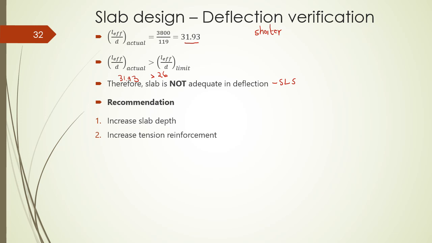We could go back to our question, and maybe instead of T10 at 150 bottom 1, which gave us 523 millimeters squared per meter, you could replace it with something higher, say T10 at 125 or T12 at 200 bottom 1, which gives you 566 millimeters squared per meter.